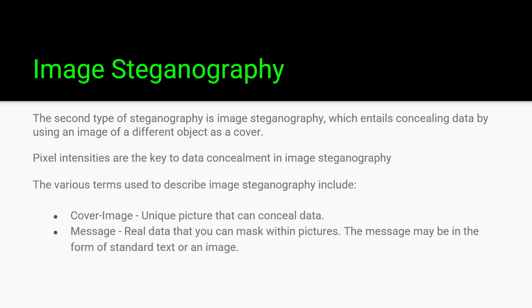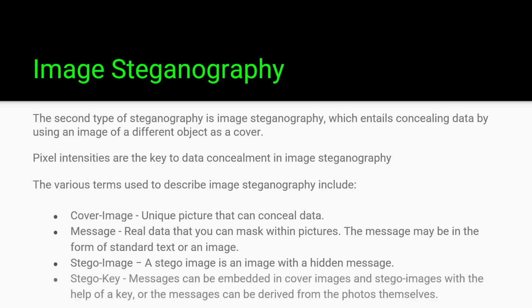The message may be in the form of standard text or an image. Stego image: a stego image is an image with a hidden message. And we have the stego key, and messages can be embedded in cover images and stego images with the help of a key, or the messages can be derived from the photo themselves.